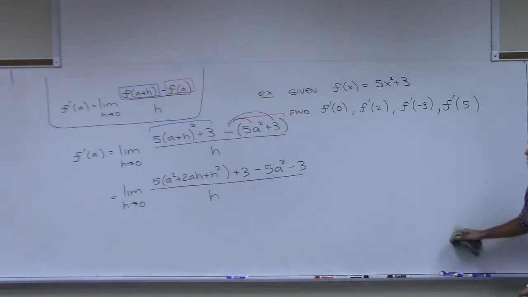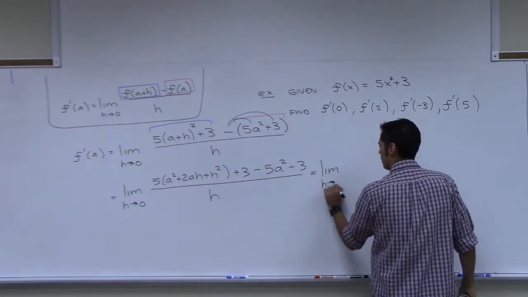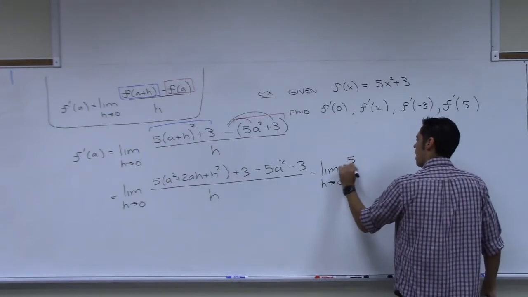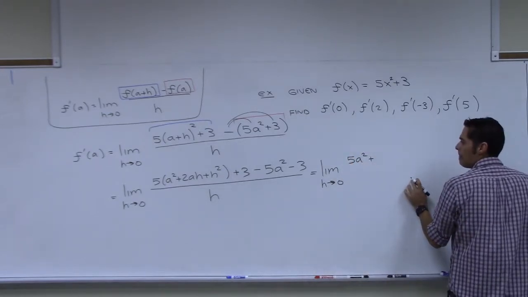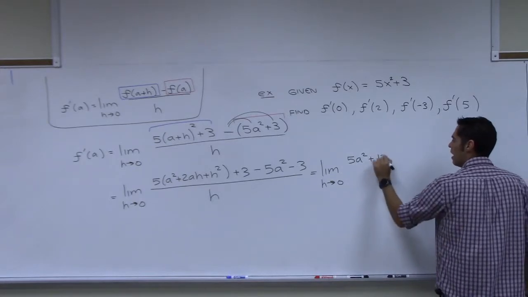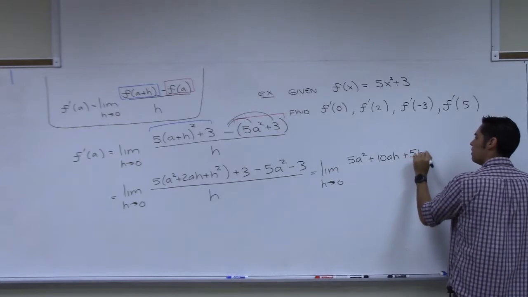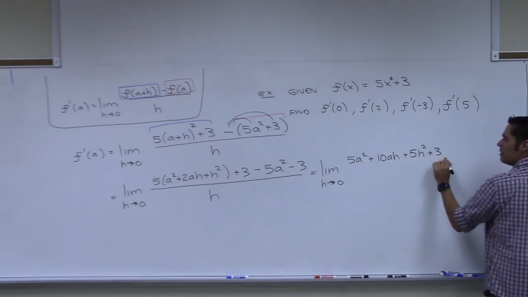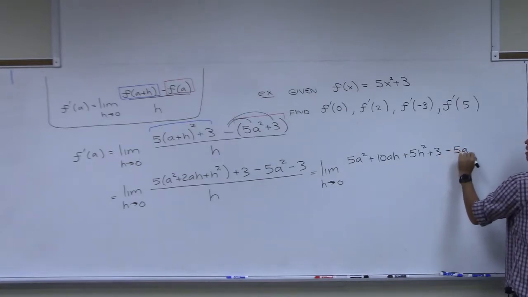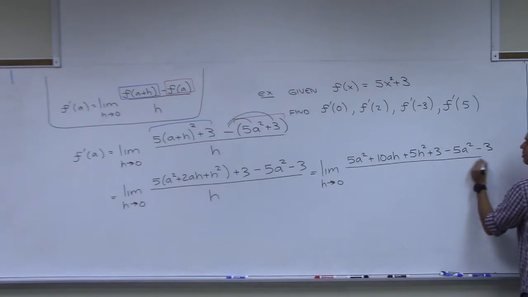What do I need to do next? Distribute that 5 through. So this is equal to the limit, yes, keep writing the limit, 5a squared plus what? 10ah plus 5h squared, keep going, plus 3 minus 5a squared minus 3, all of this over h.